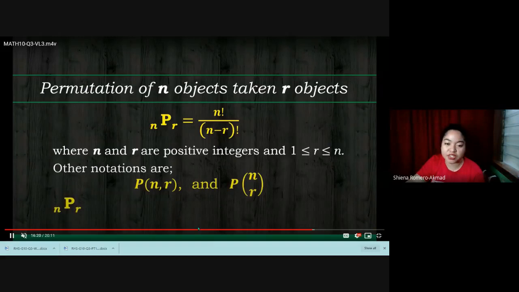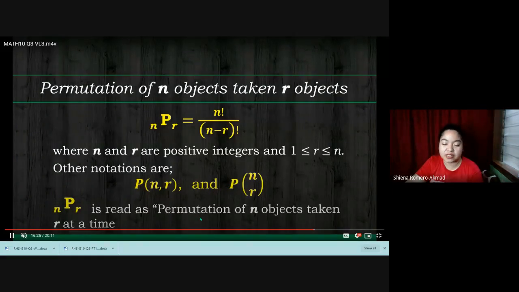These are the other notations. You can also write that.